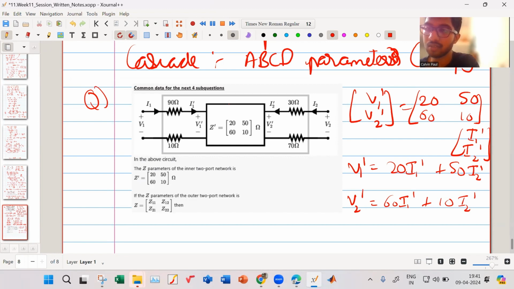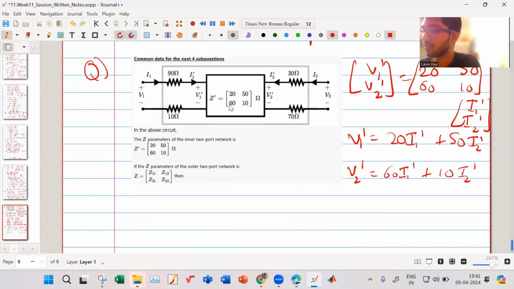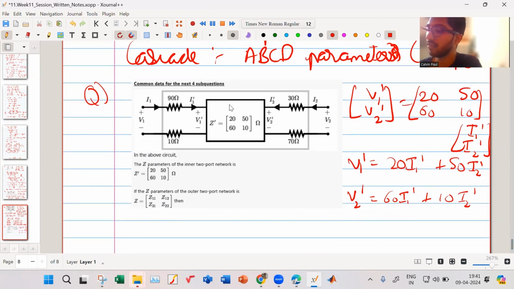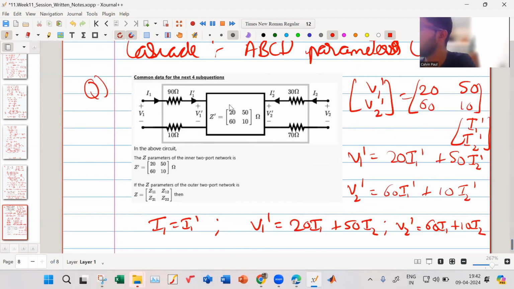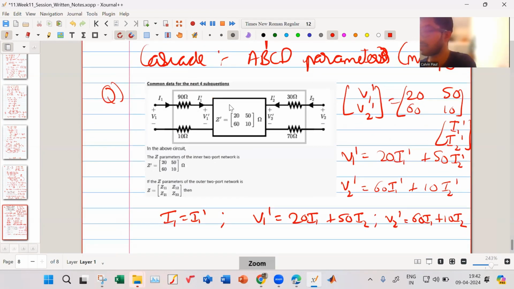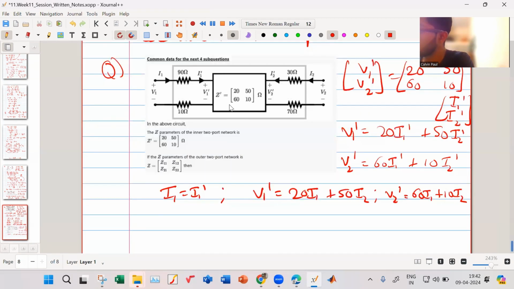Okay, so now how will I solve it? I1 and I1 dash are equal. Yes. So I know I1 is equal to I1 dash. So I can write V1 dash is equal to 20 I1 plus 50 I2. Similarly, V2 dash is 60 I1 plus 10 I2, right? And we know the relationship between V1 and V1 dash.